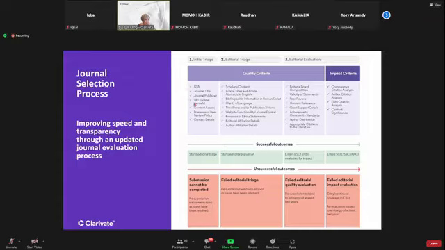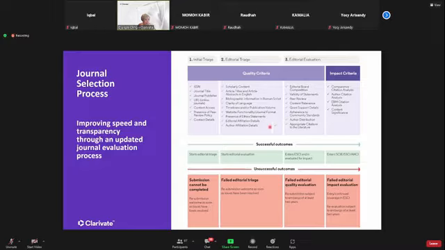Things like verifying the presence of peer review, ethics statements, editorial affiliations, author affiliations, editorial board composition, the actual peer review process, whether it is evident, and whether it adheres to community standards.